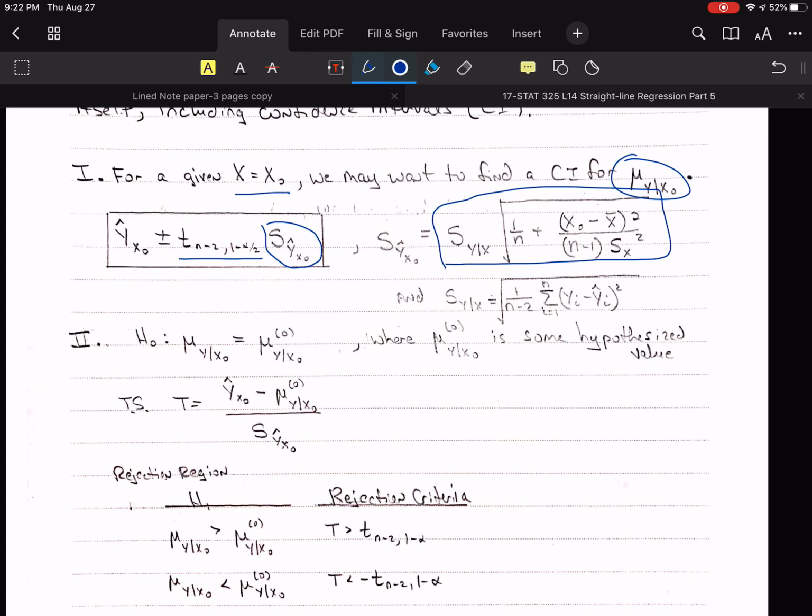We did this 2 videos ago, I believe. So s sub y given x times the square root of 1 over n plus x naught minus x bar squared over n minus 1 times s sub x squared, where s sub y given x is given by this equation, which is the square root of 1 over n minus 2 times the sum from i equals 1 to n of yi minus yi hat, quantity squared.